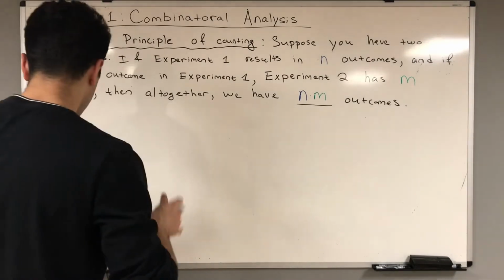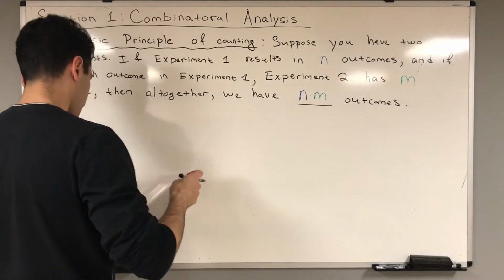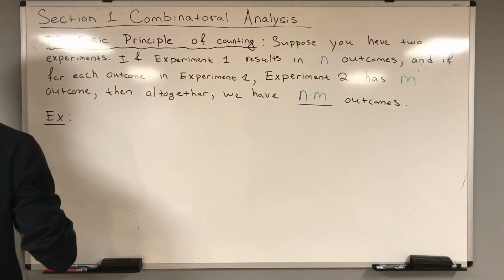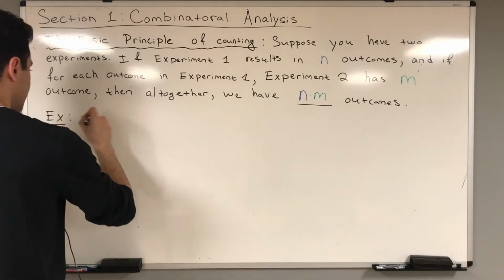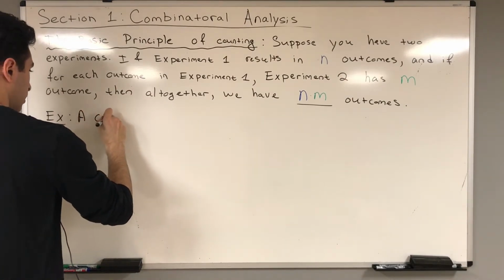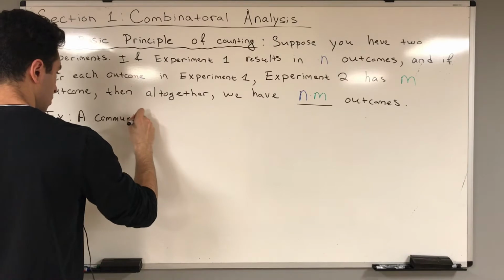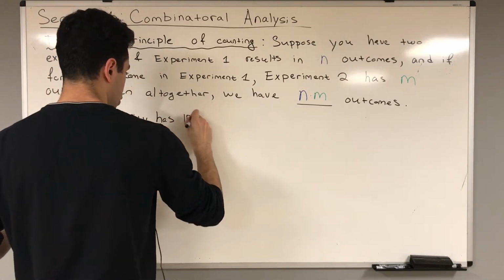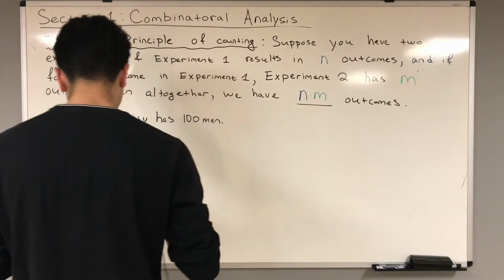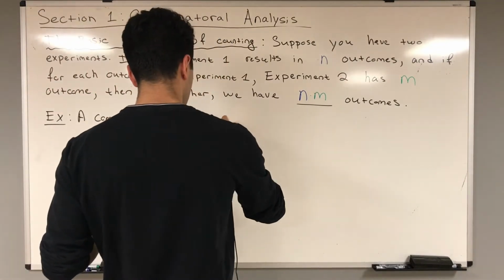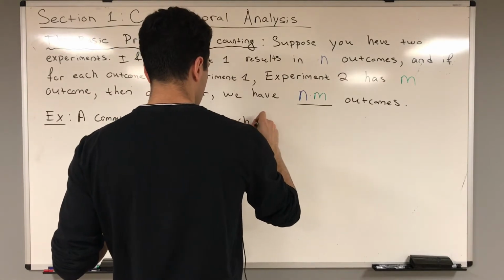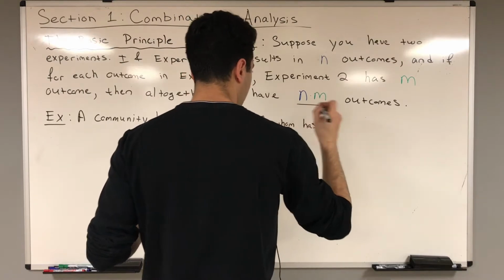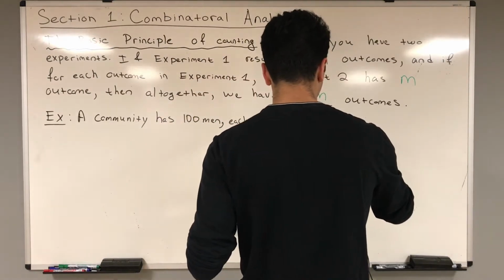Okay, so here's our example. A community has 100 men, each of whom has 5 children. Okay, so each man has 5 children.